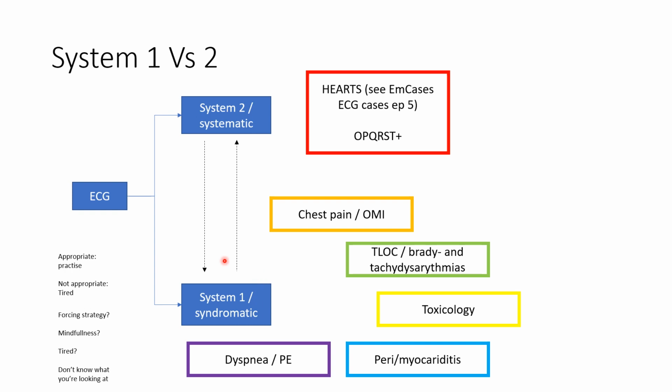And you can also go from System 1 to System 2. We talked about it: if I think this ECG might be a bit off, there's something wrong, I don't know what, then you might go more systematically through it. That's the appropriate way. But you may also sometimes inappropriately not have this policing by System 2.